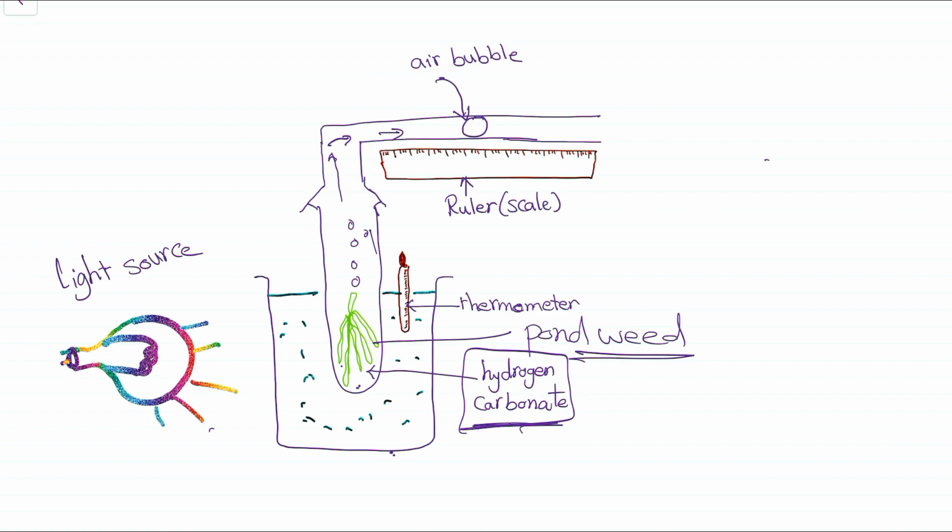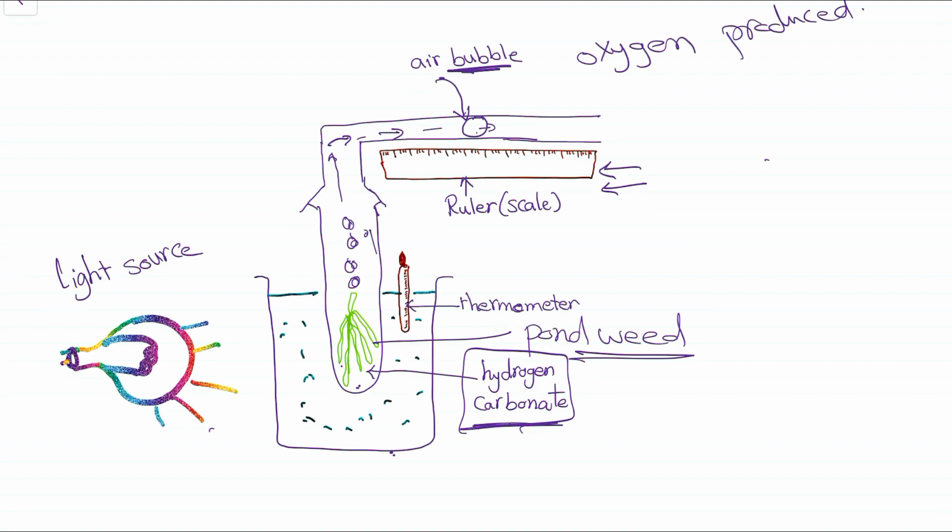I have here an air bubble. When the bubbles are released, they move this air bubble. So we can check the distance moved by the air bubble using a ruler or scale to check the rate of oxygen produced.